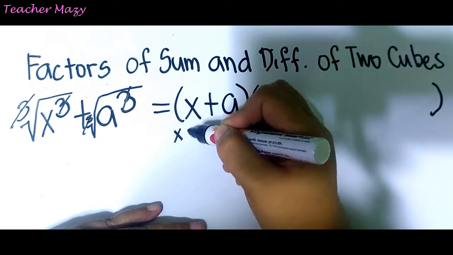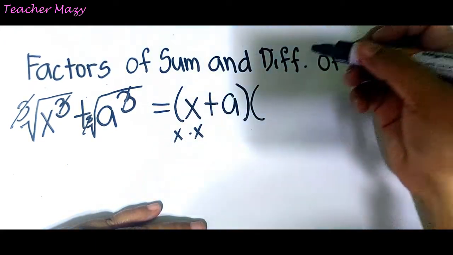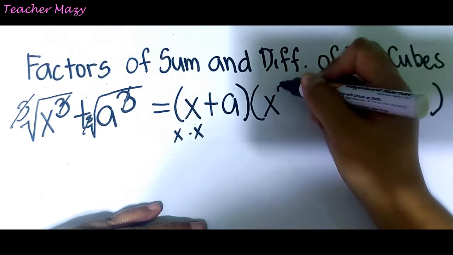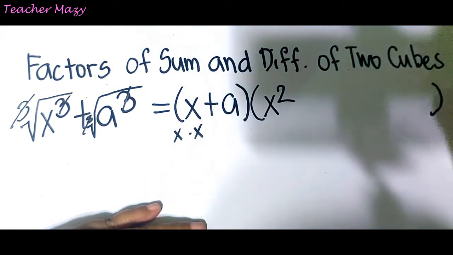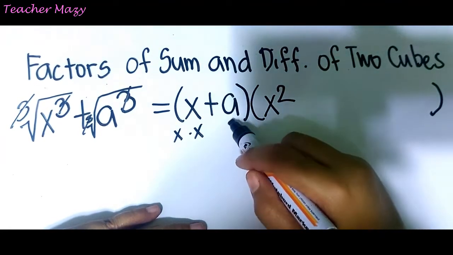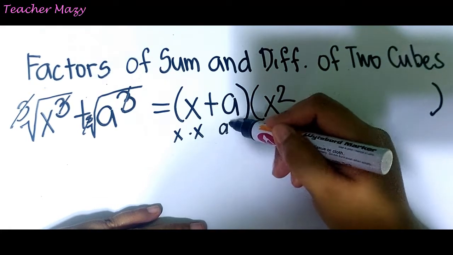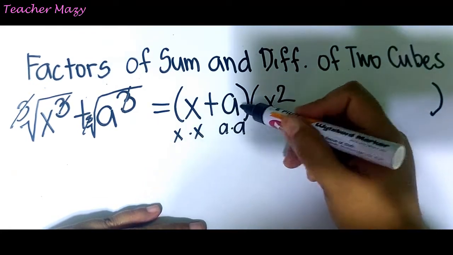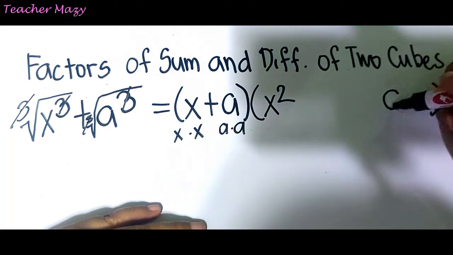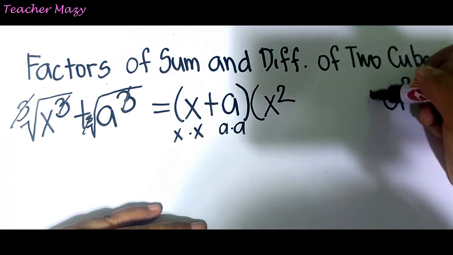So that is x times x, that is equal to x squared. And then multiply the second term here. That is a times a, so we need to square it, that is equal to a squared.